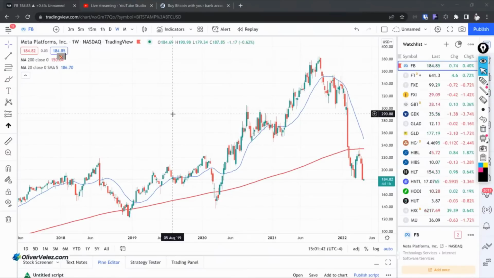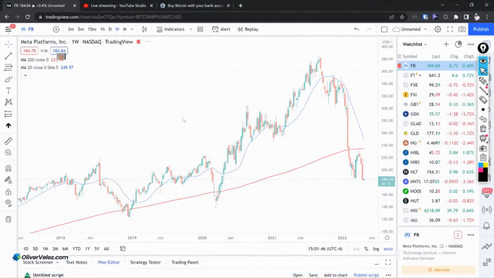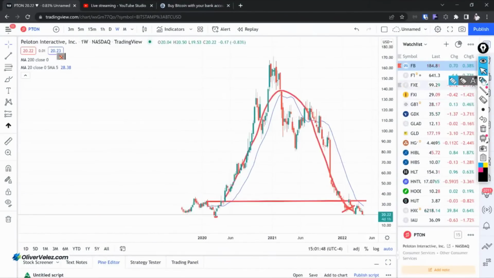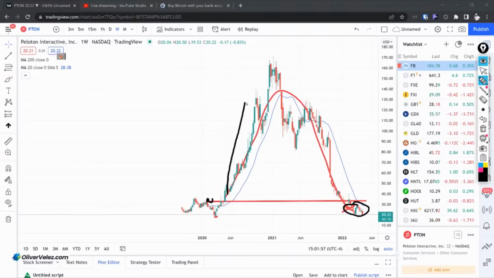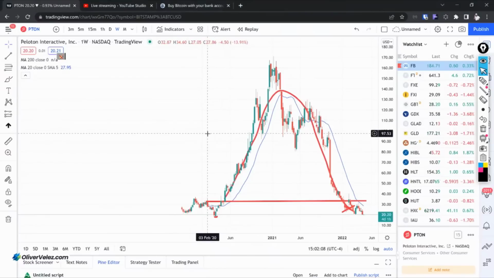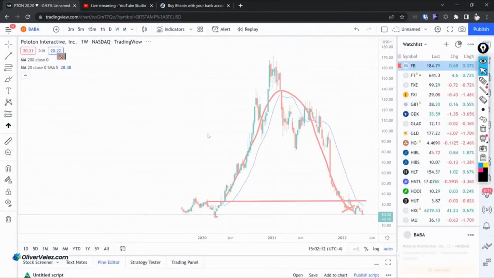Okay, take a look at this. You can take a look at something like Peloton, of course. Look at this. Pre-COVID, we are under. Look at billions upon billions of dollars out of the system. That's called a crash. Do you understand? We can go on and on and on with this, right?